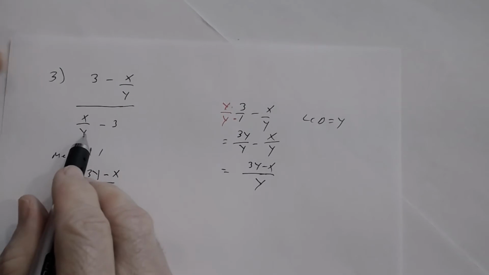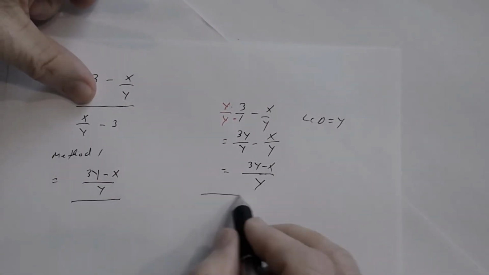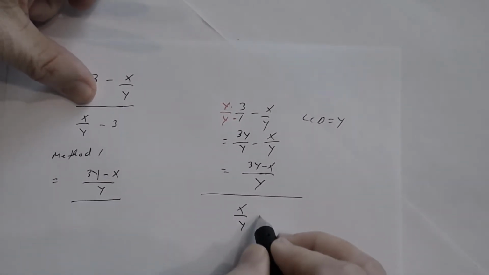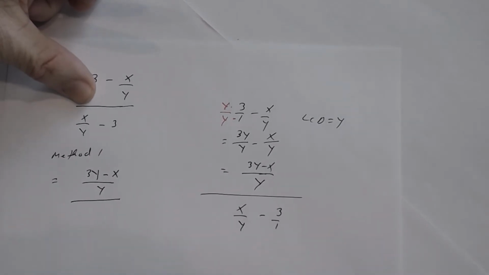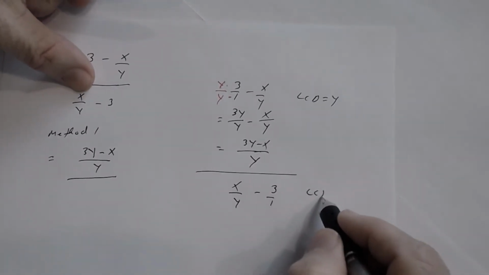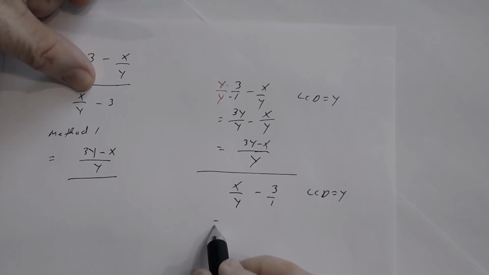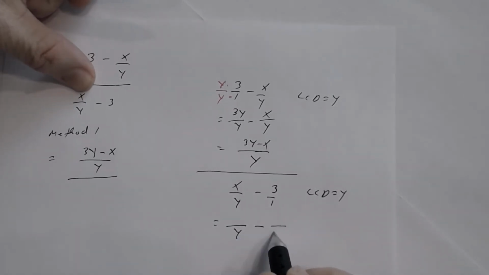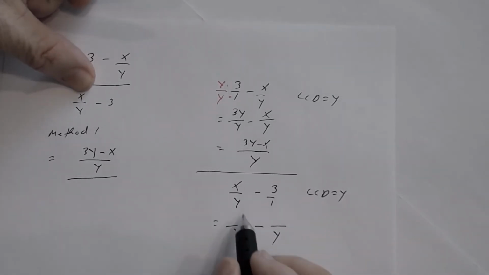Then we do the same thing with the denominator. So with the denominator, I have x divided by y minus 3 divided by 1. So again, the LCD is y. And so I'm going to write two fractions with y as that denominator. And so notice that these are already y's, the denominators, so every rational expression is equivalent to itself.